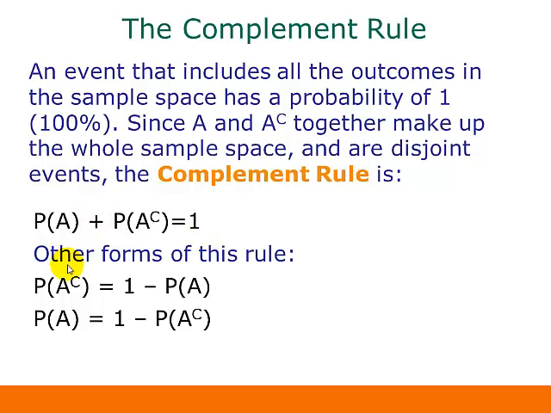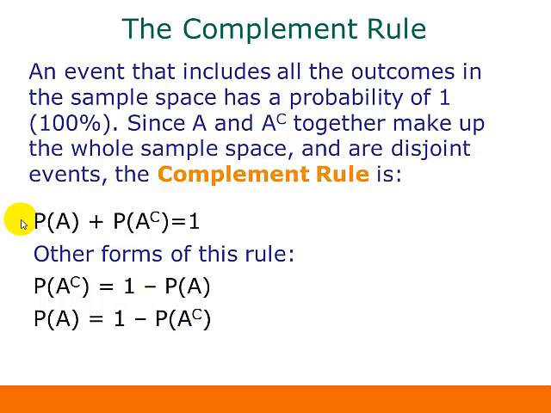Some other forms of this rule: we can solve for either the probability of A complement or the probability of A. Basically, to find the probability of either one of these events, we just take 1 minus the probability of the other event. So the probability of A complement is 1 minus the probability of A, or we can find the probability of A by taking 1 minus the probability of A complement.